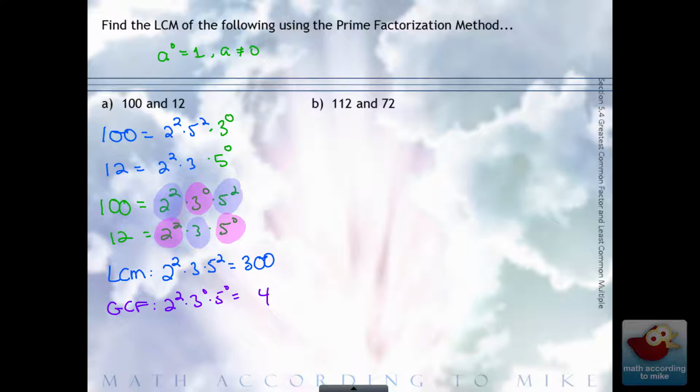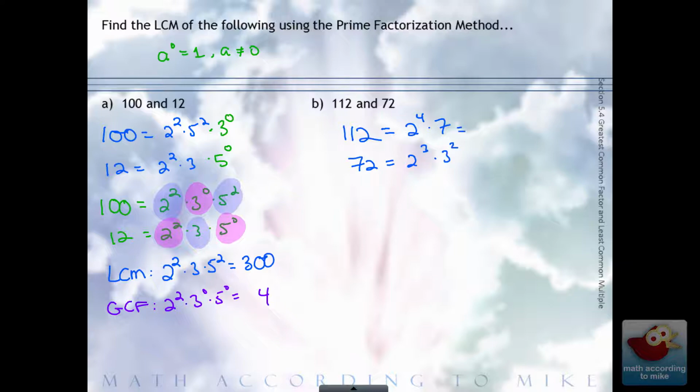Let's do this again for 112 and 72. If you were to factor 112, you would get 2 to the 4th times 7. If you were to factor 72, you would get 2 to the 3rd times 3 squared.